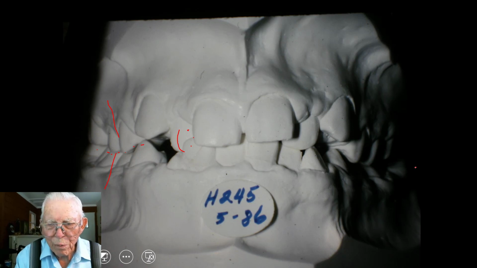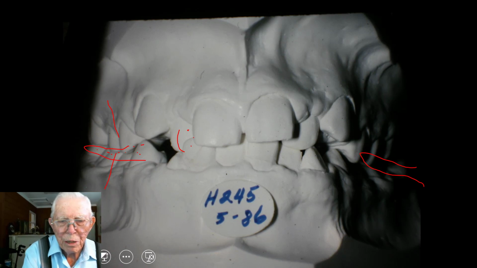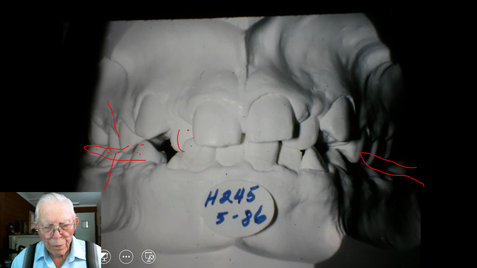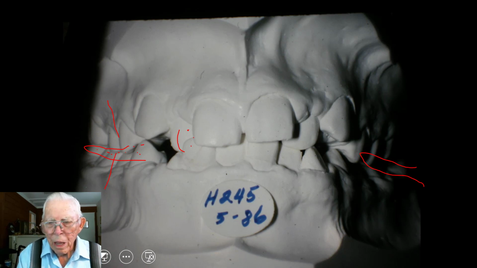So we're going to come in and put some blocks on his lower teeth. Now, putting these blocks on the lower teeth has a lot of things that are good in doing the orthodontics. In other words, it holds those in place.